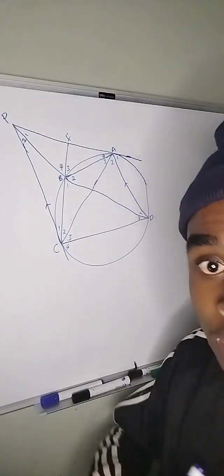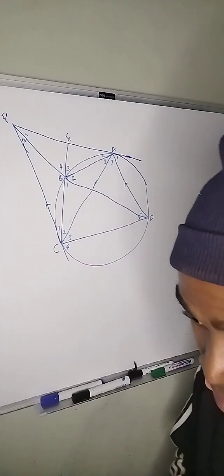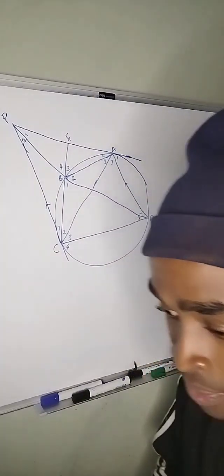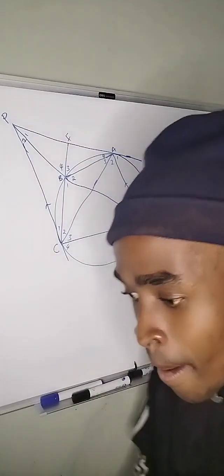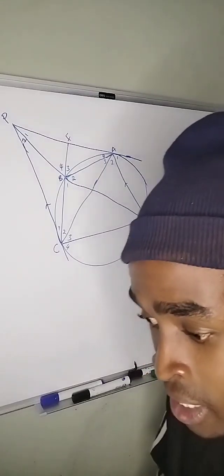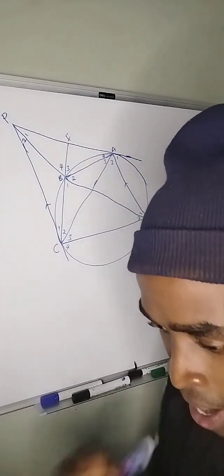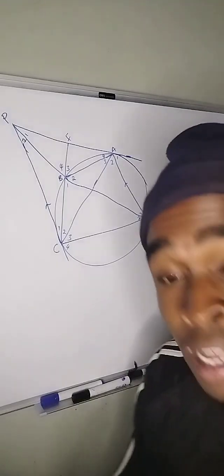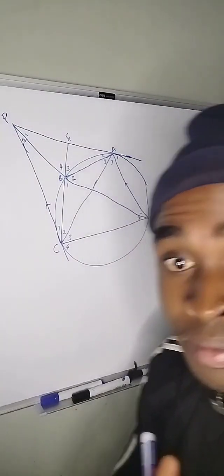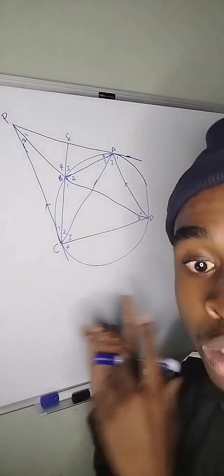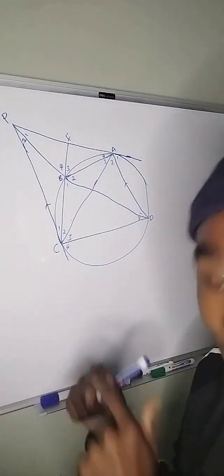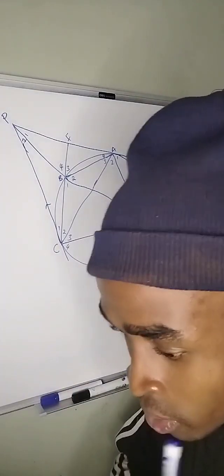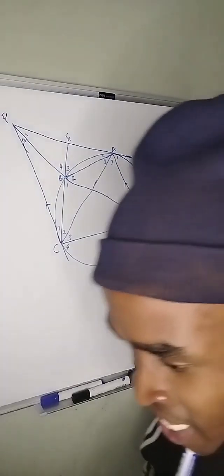And now AD and PC, they are parallel. Is that correct? I want to confirm whether I drew the correct diagram. Thank you.